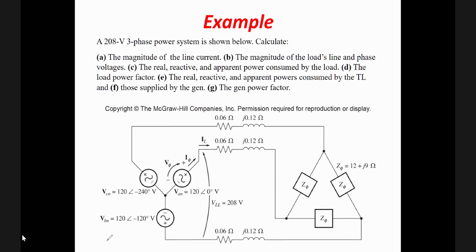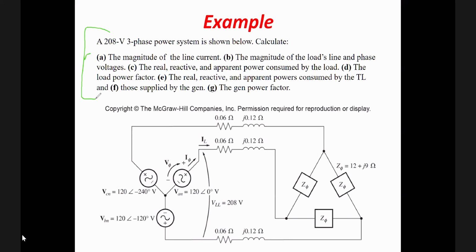Why is this more complicated than the previous one? Because there is one additional step, which is converting the delta to Y. That's it. But you will notice that even the requirements here are the same as the requirements there.